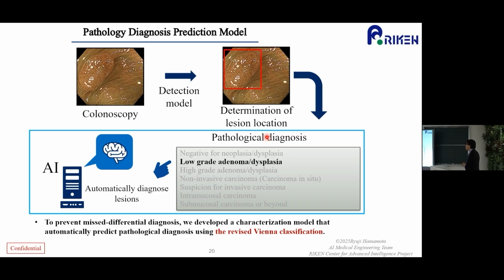To prevent mixed differential diagnosis, we developed a characterization model that automatically predicts pathological diagnosis using the revised Vienna classification. This is the worldwide standard for colorectal cancer classification.